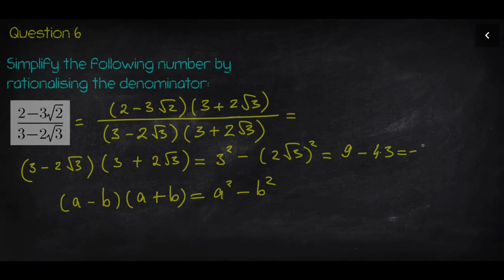So what about the top part? The top part needs to be expanded as normal brackets, because there is no formula, right? Okay, so 2 times 3 is going to be 6. 2 times 2 is going to be 4 square root of 3. Then minus 3 square root of 2 times 3 is going to be minus 9 square root of 2.